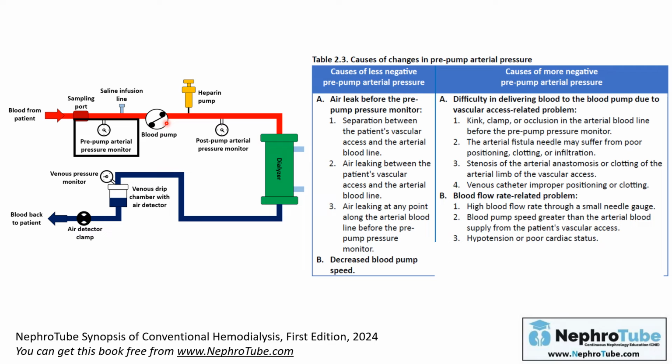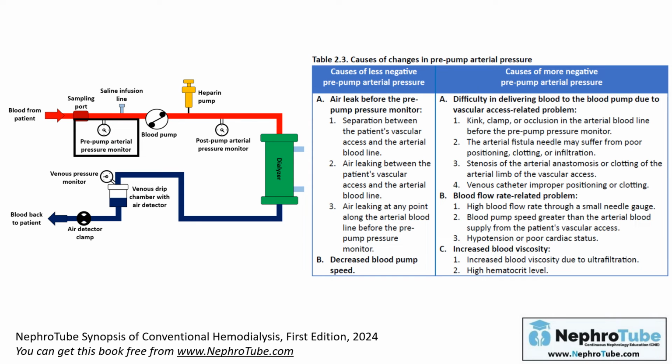The idea here is likely the same as having a high blood flow rate with a small needle. And finally, if the patient is hypotensive or has a poor cardiac status, this also will lead to difficulty in delivering the blood from the vascular access, causing a more negative pressure in the pre-pump arterial pressure monitor.